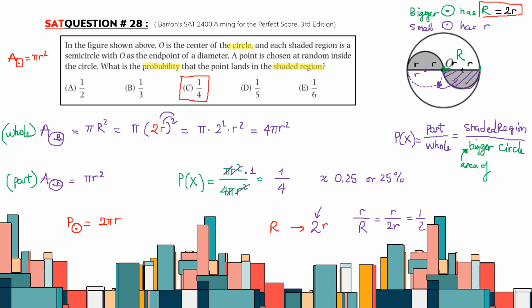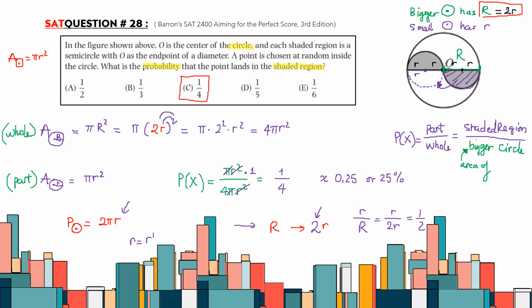And you see that r is to the power of 1. So if we're talking about the perimeters, this ratio will be right.